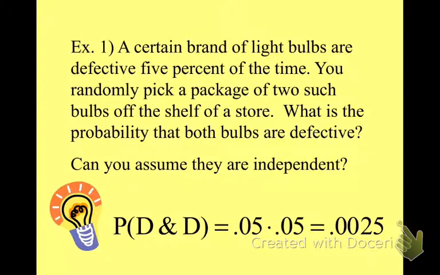So in order to find the probability of taking two light bulbs off of a shelf and they are both defective, I would take 5% times 5%. So there is a 0.0025 or 0.25% chance of having 2 light bulbs that are defective in a package.